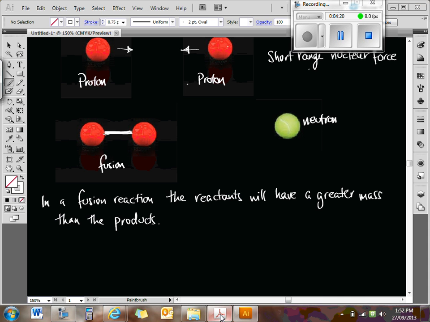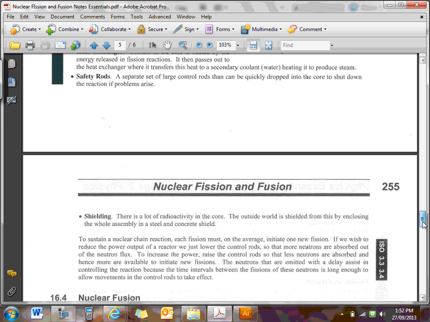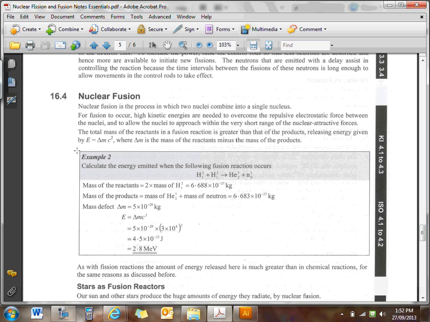Let's do an example. Got one here somewhere. Yes, here.